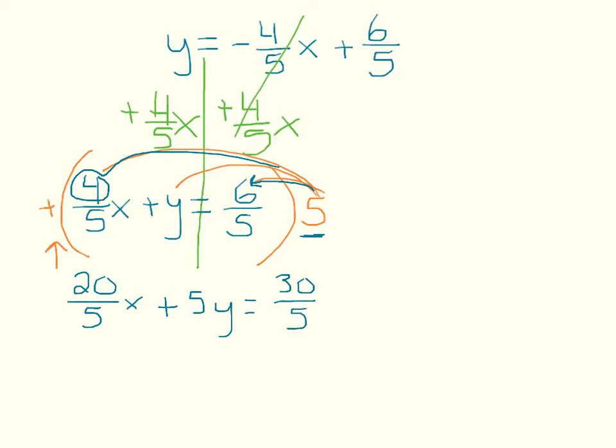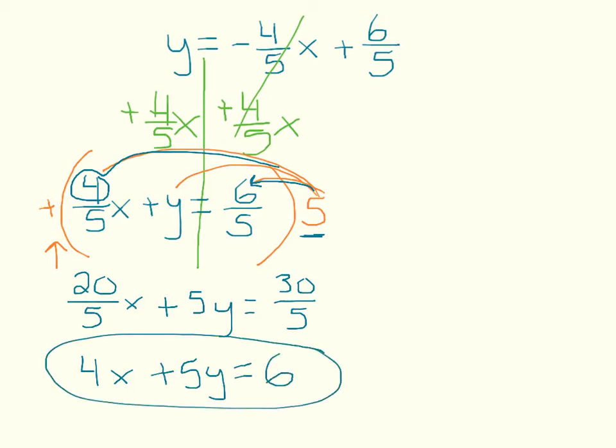And now we can simplify our fractions. 20 divided by 5 is 4, so 4x plus 5y equals 30 divided by 5 is 6. So there is my equation in proper standard form.